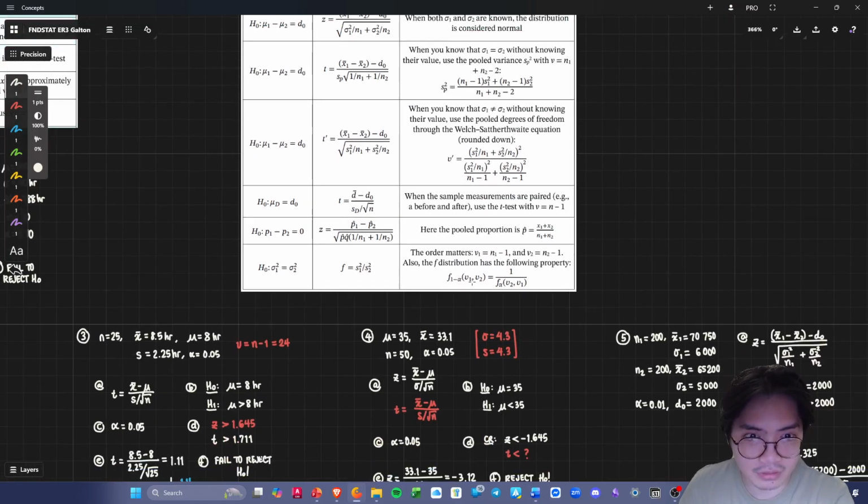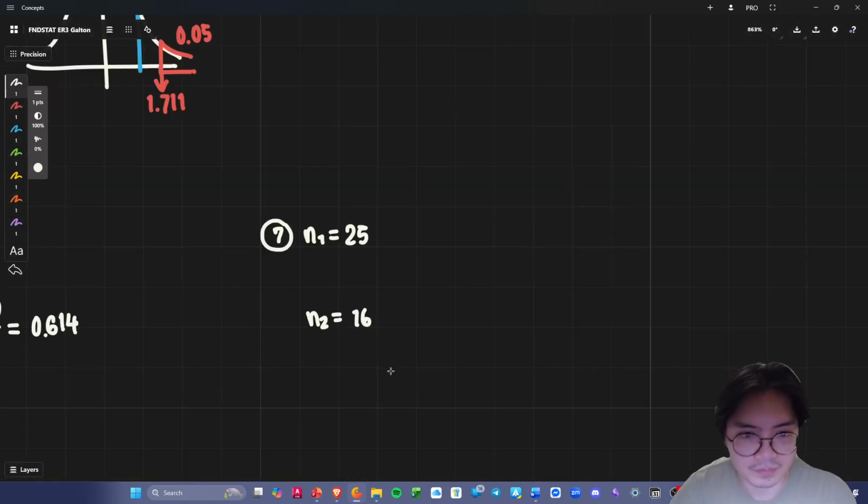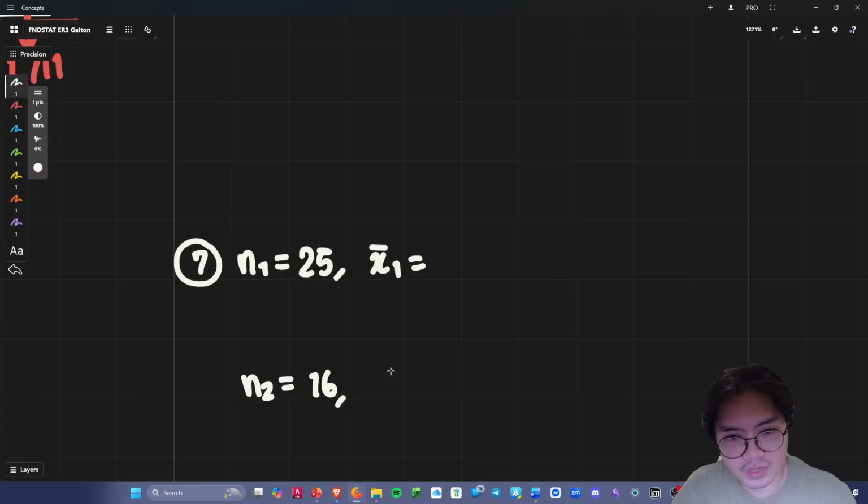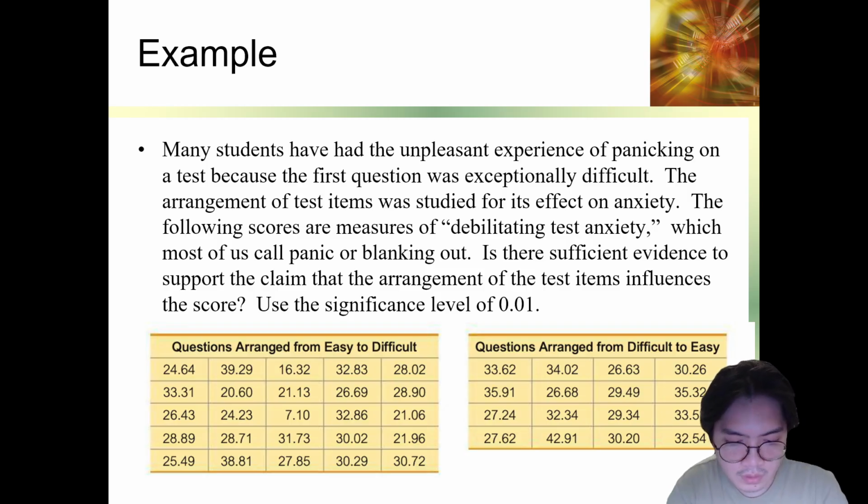Let's just try this out. We first enter the values we will have in here. 16.32, 7.0.